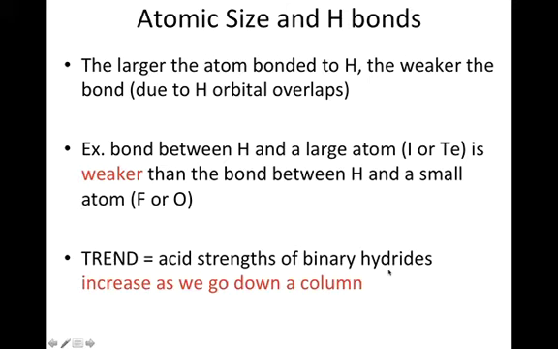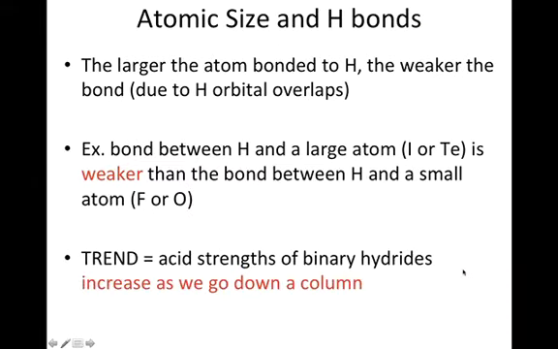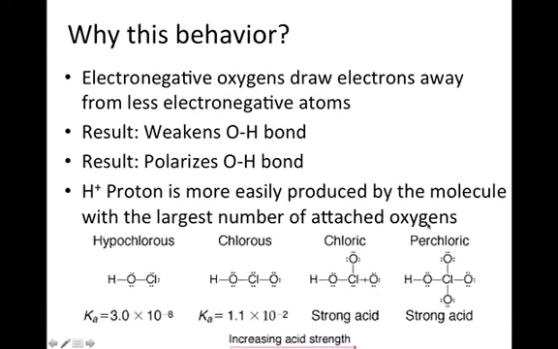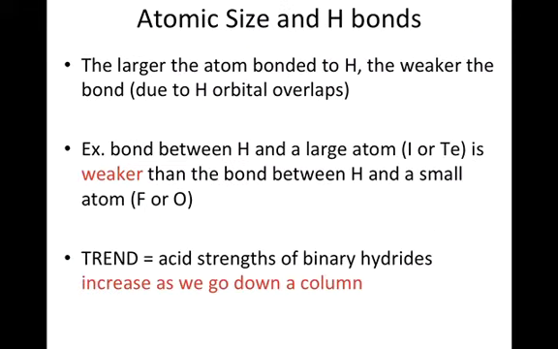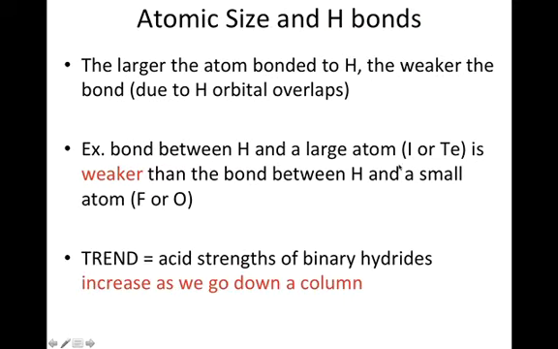It says the larger the atom that's bonded to the hydrogen, the weaker the bond. So the larger the atom, the weaker the bond, and more hydrogens are going to be ionized or yielded. Why is that?